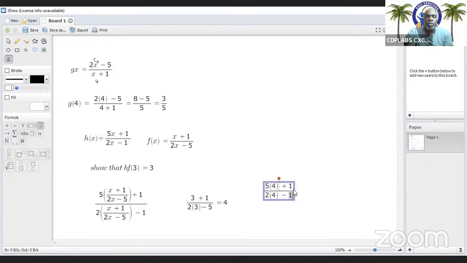So we can compute. 5 fours: 20 plus 1 is 21. 2 fours is 8, minus 1 is 7. And that now becomes 21 divided by 7, which is equal to 3.